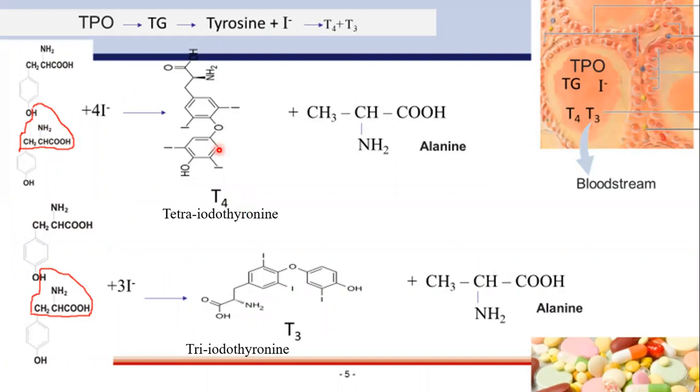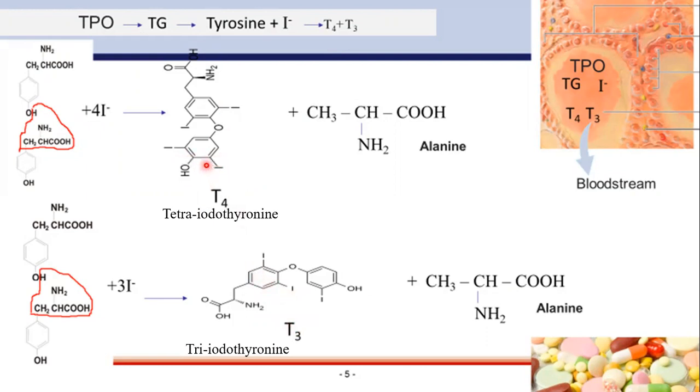If you look at this picture, I repeat again. Thyroid peroxidase splits thyroglobulin into tyrosine and other amino acids, and tyrosine connected with iodine synthesizes tetraiodothyronine or thyroxine and triiodothyronine or T3.